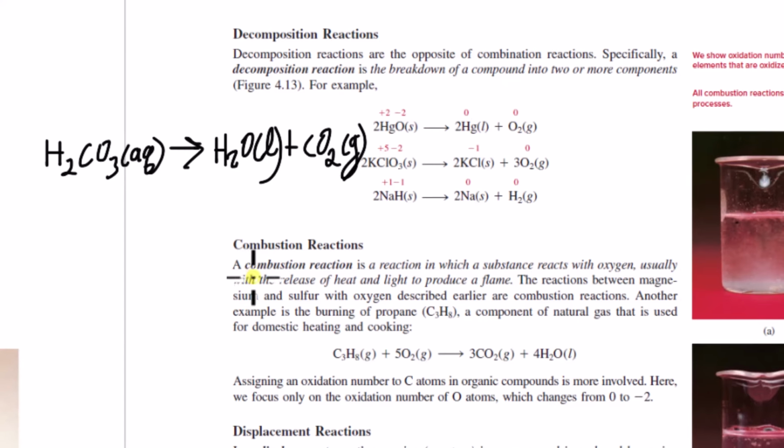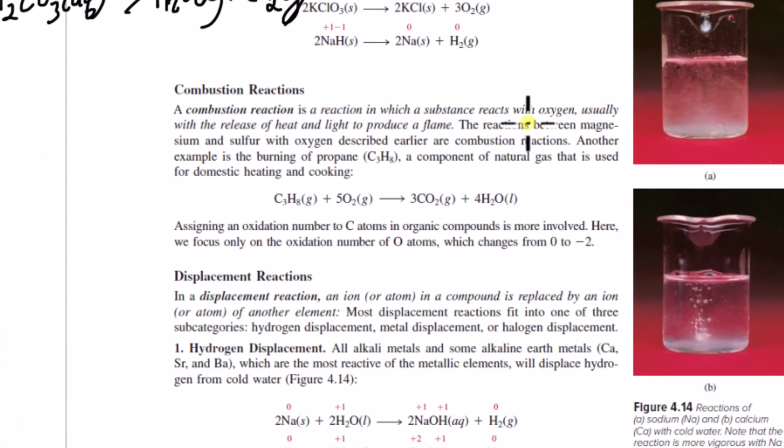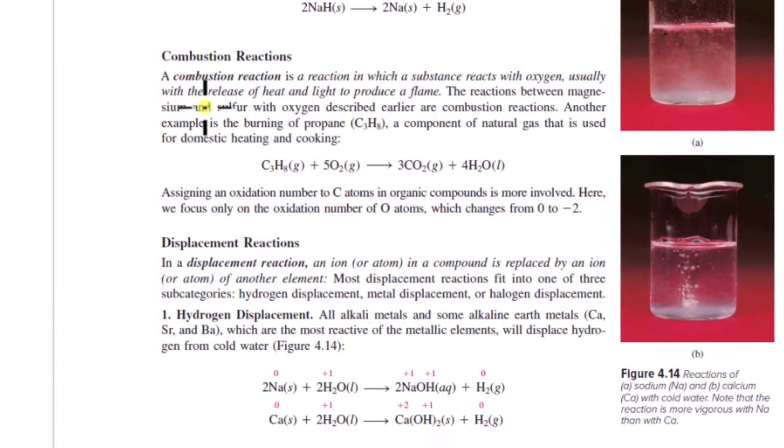Okay, a combustion reaction is a reaction in which a substance reacts with oxygen, usually with the release of heat and light, to produce a flame. Okay, but note that for a combustion reaction, we're most familiar with, like shown here, you have a substance reacting with oxygen to produce CO2 and H2O.